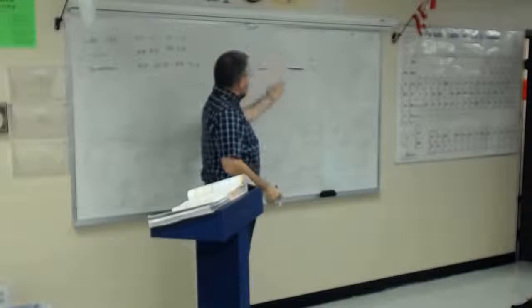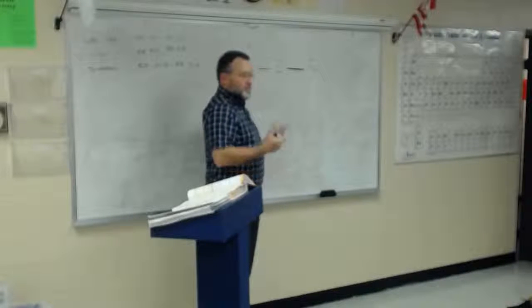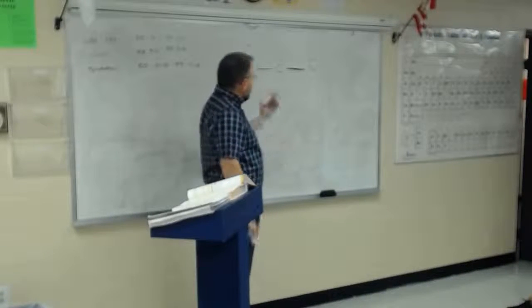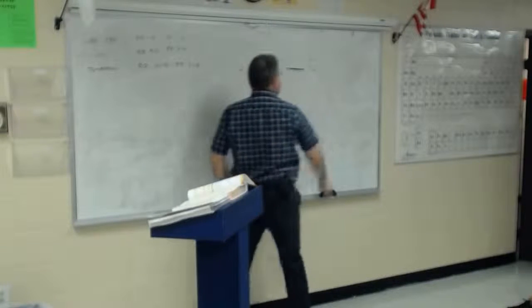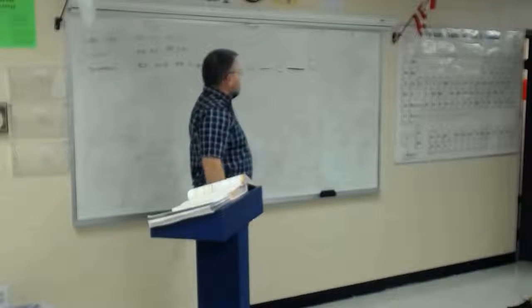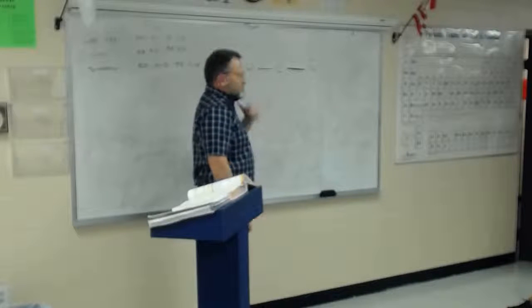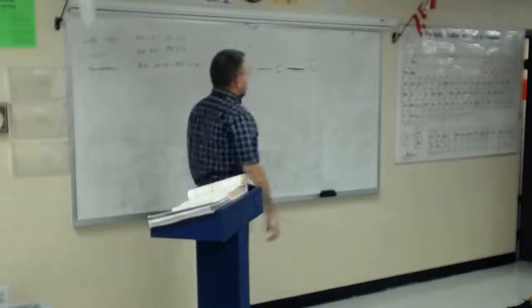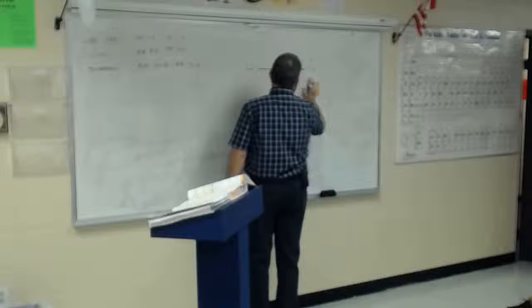What does carbon see? 1, 2, 3, 4, 5, 6. It needs to pick up 2 more electrons, right? Nitrogen, 1, 2, 3, 4, 5, 6. What does it need to pick up? 2. Carbon needs 2. Nitrogen needs 2. We bring an unpaired and an unpaired.